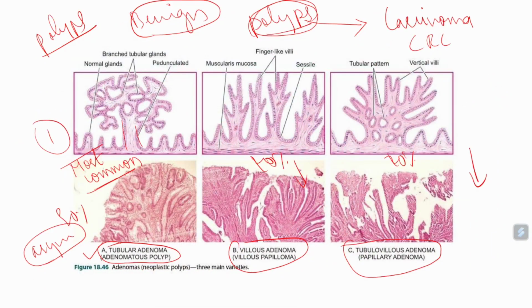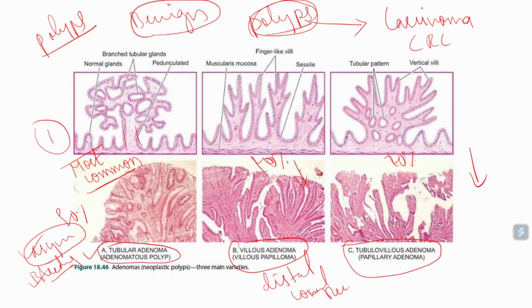So sometimes these tubular adenomas are associated with bleeding in the GI tract. Most of the time, tubular adenomas are asymptomatic. Sometimes they present with bleeding, and their morphology is seen like this. That's why they are called tubular adenomas. And the second type is villous. These are less common, and villous adenomas are seen particularly in the distal colon, and sometimes in the rectum also.